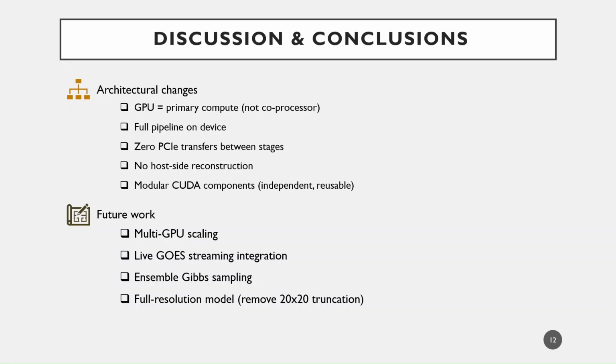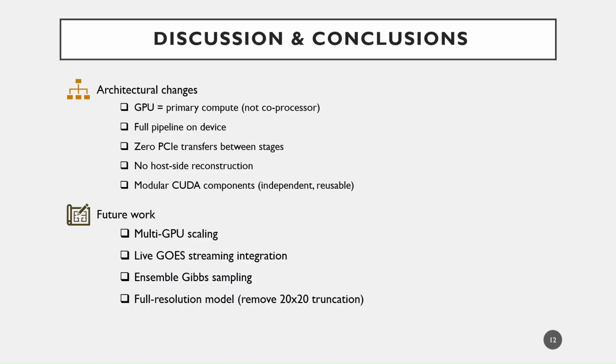Looking forward, there are several exciting directions. Multi-GPU scaling would allow us to cover larger geographic domains or run ensemble forecasts in parallel, live GIS streaming integration in the next milestone toward operational deployment, ensemble Gibbs sampling would give us richer uncertainty quantification, and removing the current Fourier truncation at wave number 20 in favor of a full resolution spectral model would improve spatial fidelity.